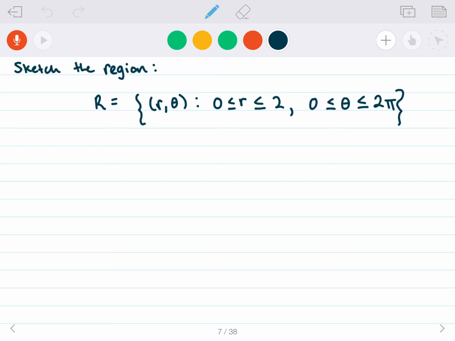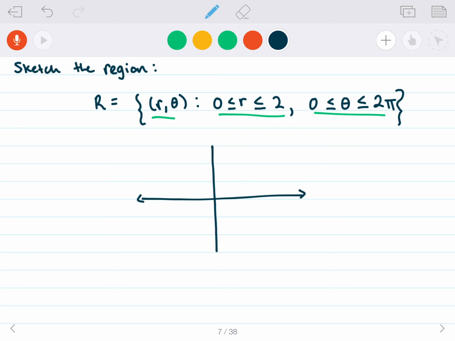All right, let's go in the opposite direction and sketch the region. So we have our region is (r, theta), where r varies between 0 and 2, and theta varies between 0 and 2 pi. So we can go the opposite way this time.